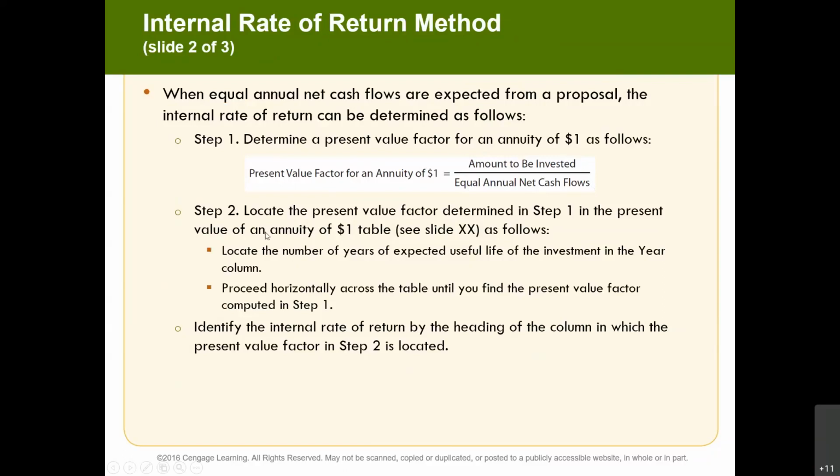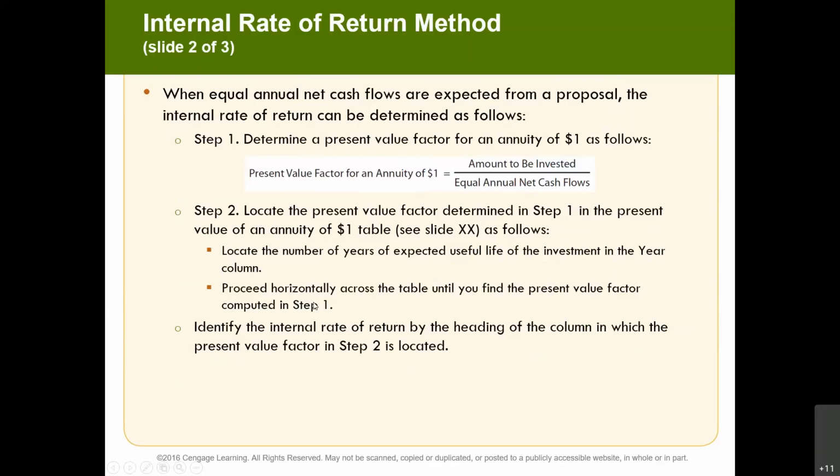The second thing you would do is locate the present value factor determined in this step on that lovely chart that we talked about. And we'll see that. We would locate the number of years of the expected useful life of that piece of equipment or building or property, whatever it is.